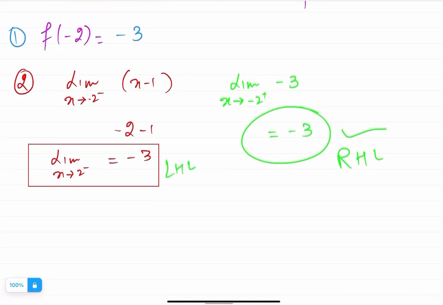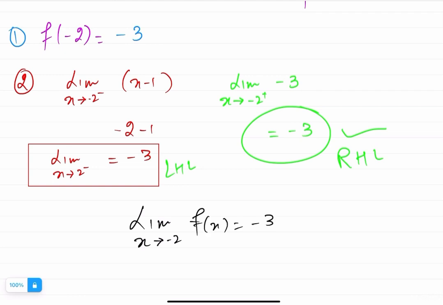It means the function has a limit value, that is the limit as x approaches -2 is equal to -3.